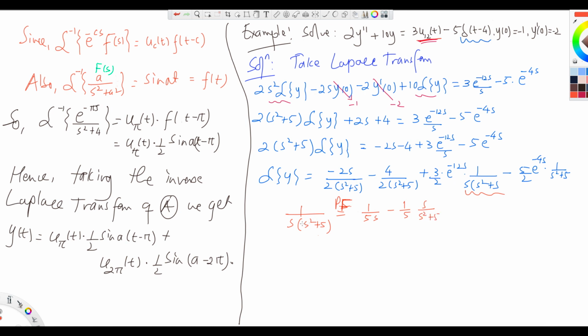This is what you will get if you do the partial fraction. Okay. 1 over 5, you can take that out and then just do s squared plus 5 minus s squared. So s squared will cancel out. So if you combine this, you will get exactly the same thing. So this is basically from the partial fraction. Okay. Let us write that.